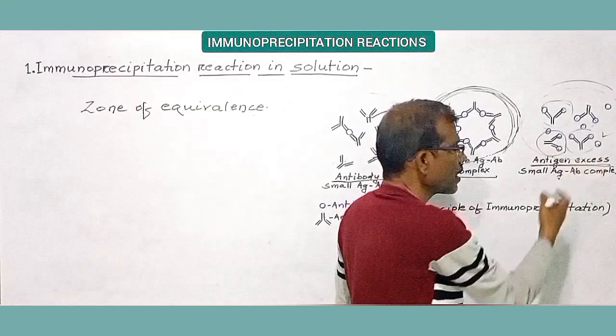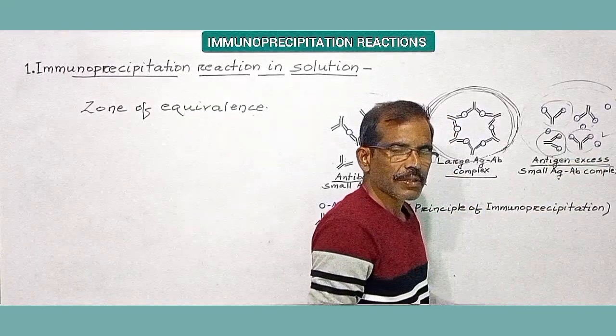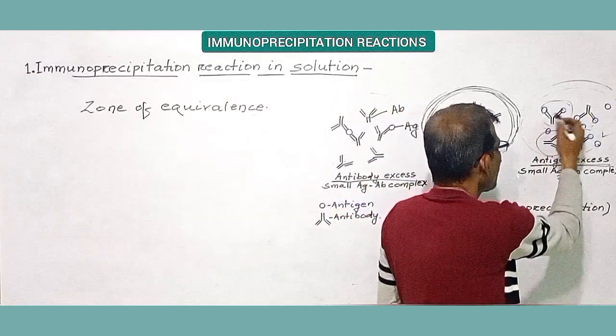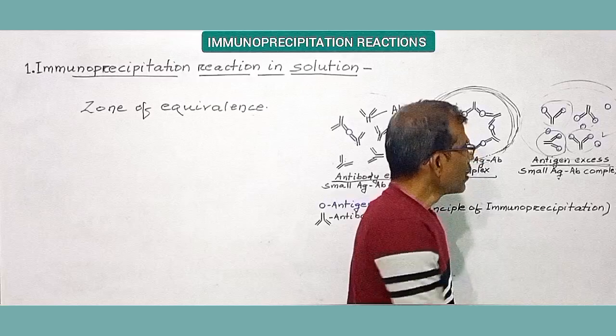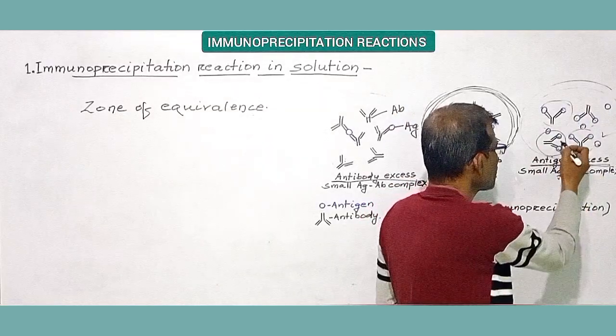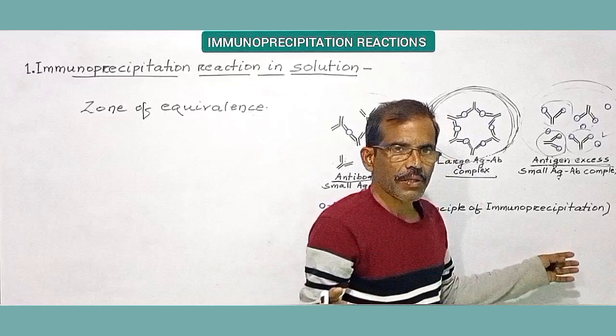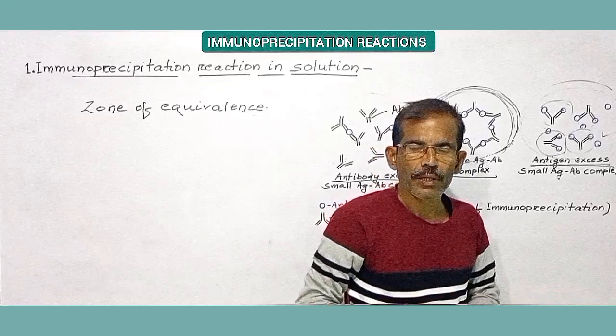On other side of the zone of equivalence, there is another zone in which antigens are in excess. In this zone, the concentration of antigen is greater than the concentration of antibody.